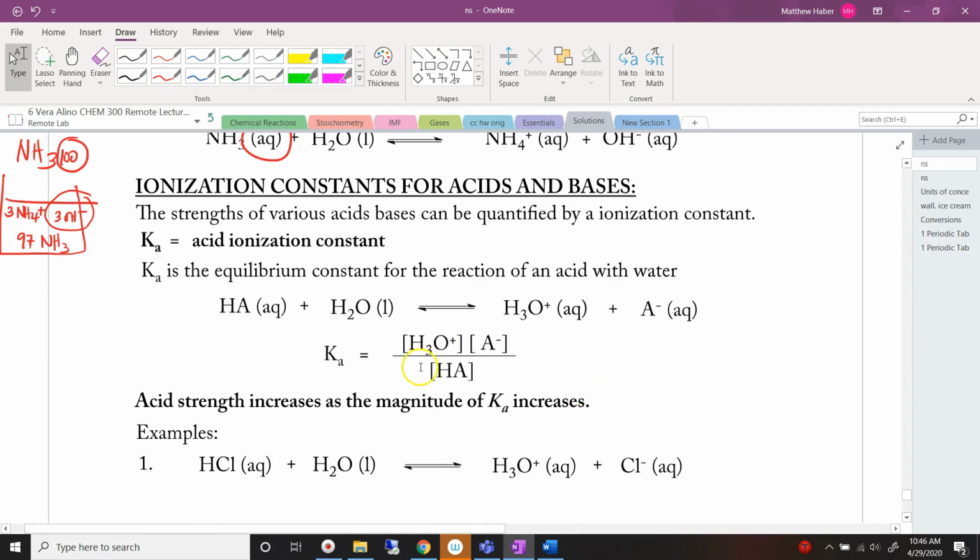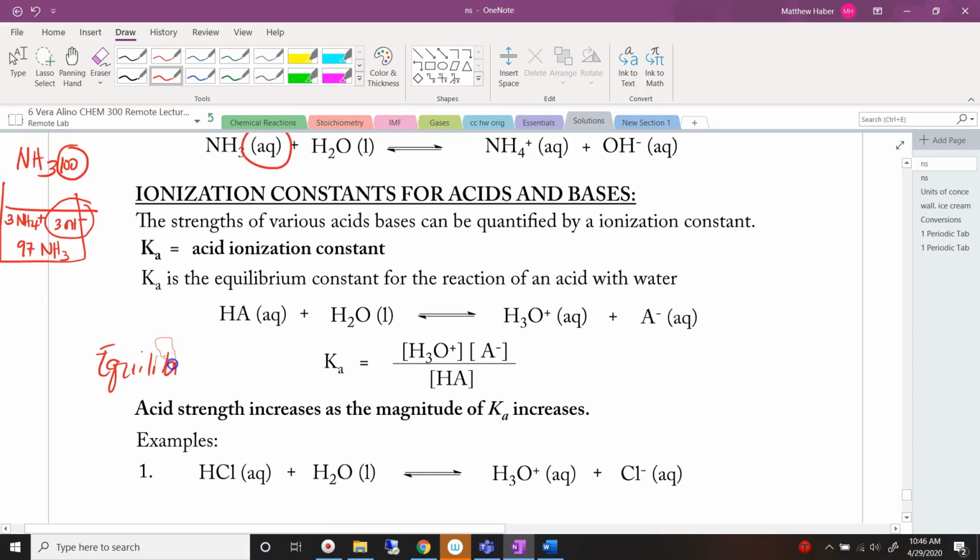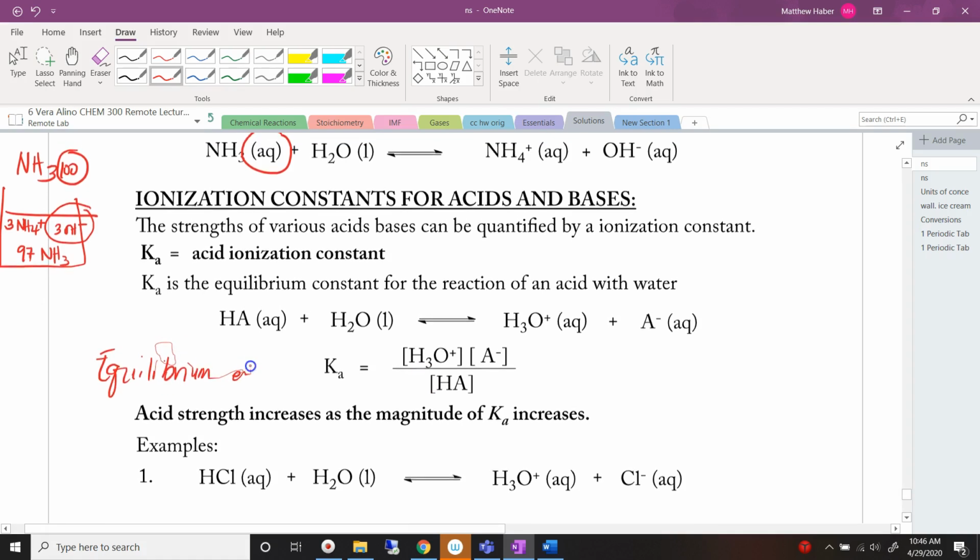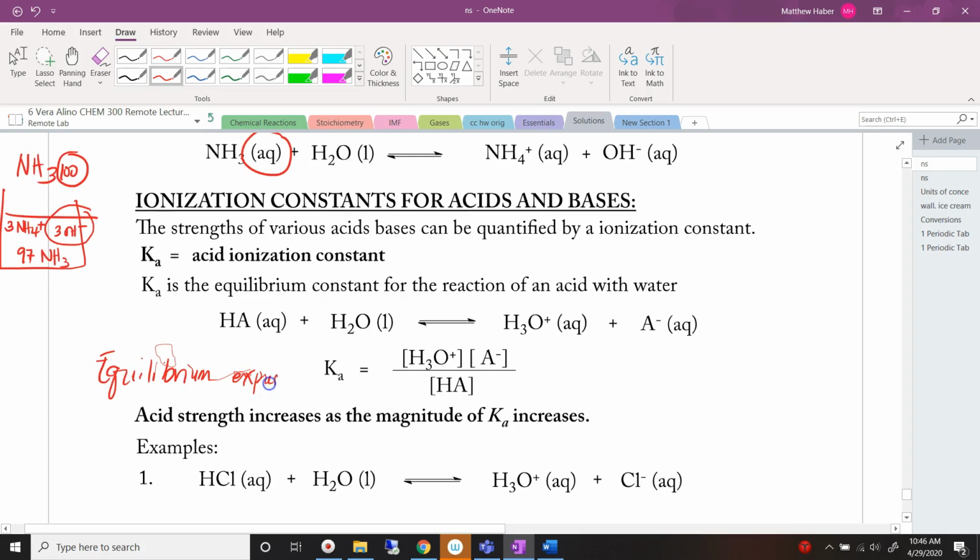Ka is actually, to write the equilibrium expression, all you need to do is take the concentrations of the products, multiply them together, and then divide by the concentration of the reactants.